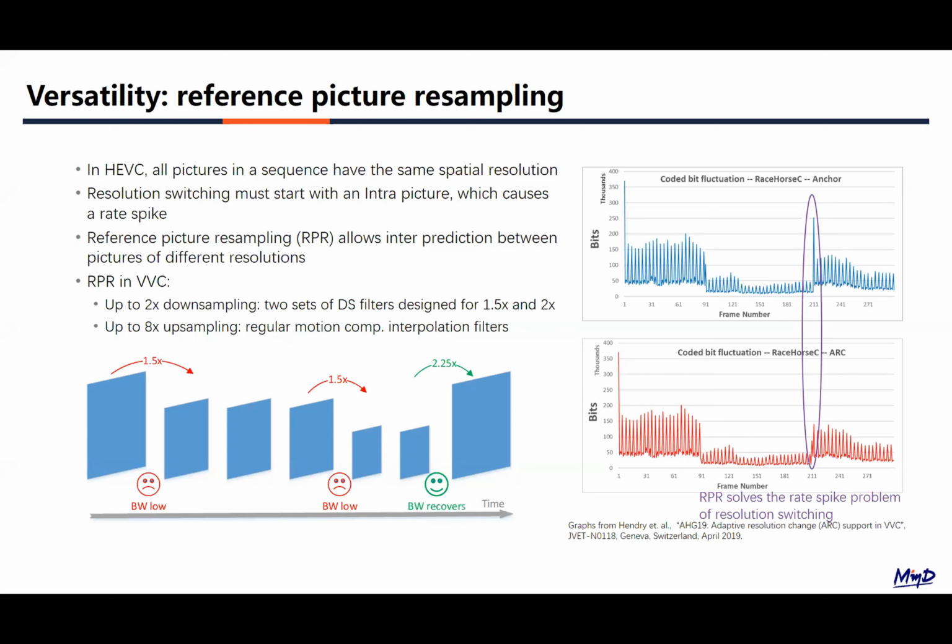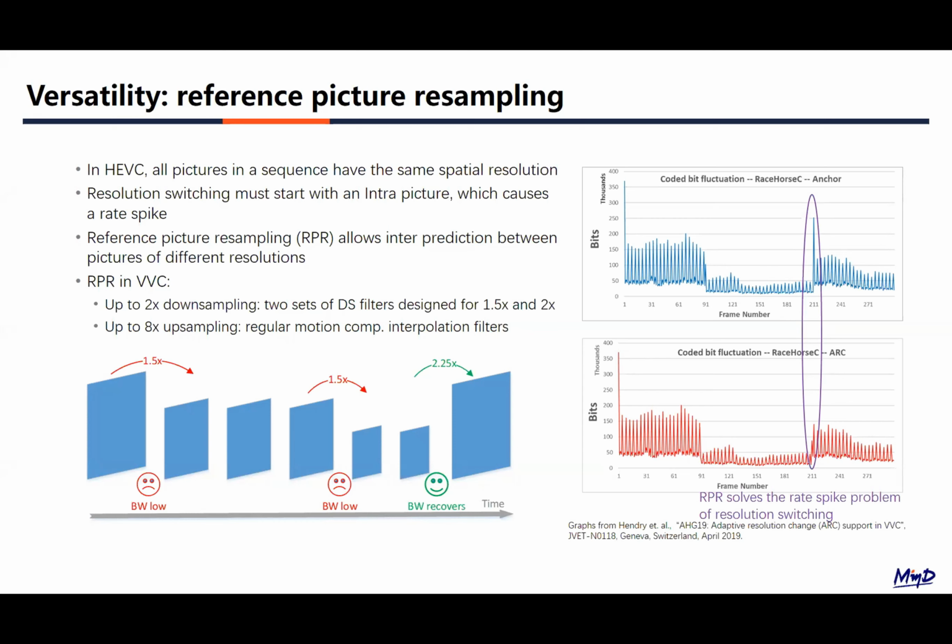So we have a tool called reference picture resampling, or RPR, that enables inter prediction between pictures that have different spatial resolution. In VVC, you can do up to 2x downsampling and up to 8x upsampling between the current picture and its reference. With that, in the figure below, if your bandwidth goes down, you can downscale, for example, by 1.5 times.